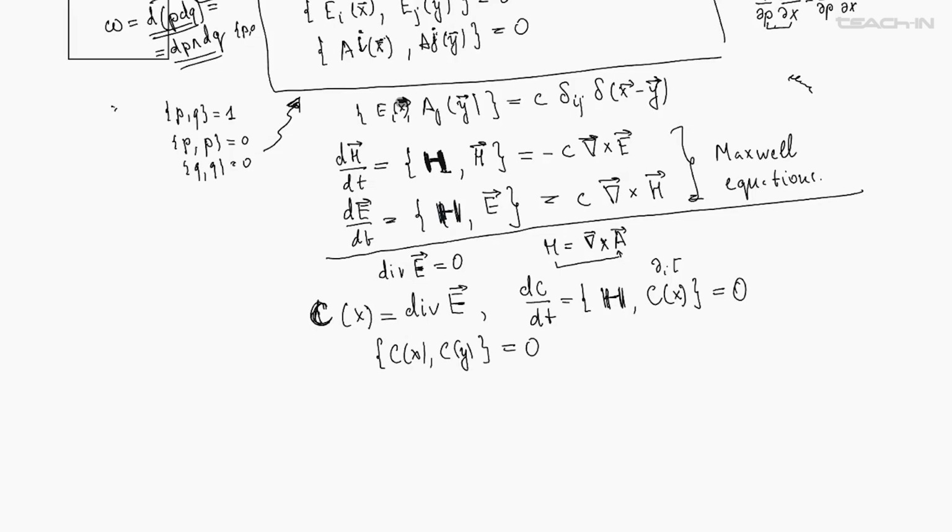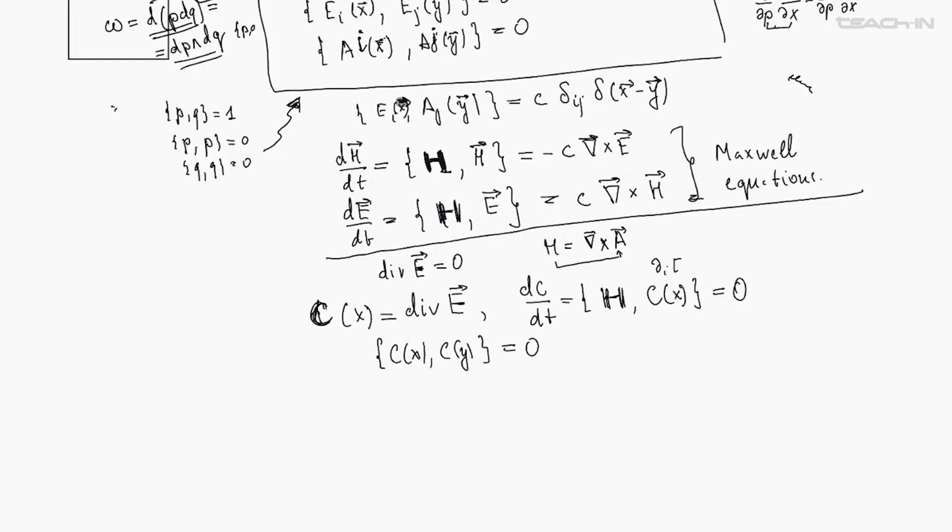Constraints of the first class are constraints whose Poisson bracket vanishes on the constrained surface. So if you compute the bracket of one constraint with another one, or a particular constraint with itself at different space-time points, we find that it vanishes everywhere, not even just on the constrained surface. And so in this case, we can say that C(x) belongs to the constraints of the first class.